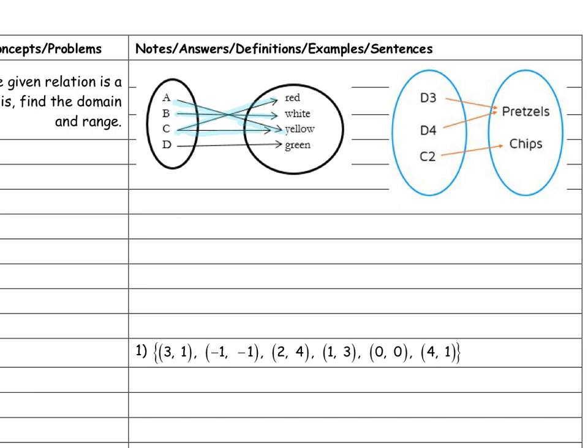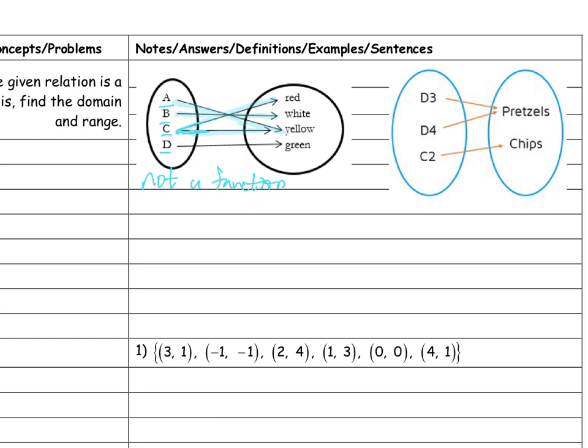So guess what? Not a function. Because C has two choices when it can only have how many choices? One choice. So each one of these can only have one choice in the other circle to be a function. That's a good way to put it.